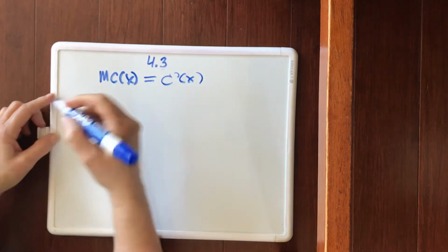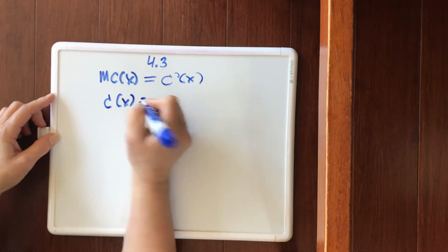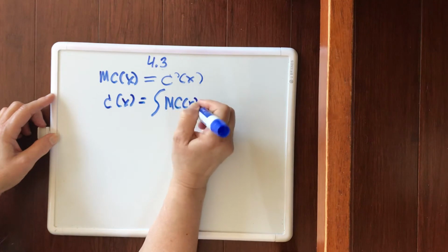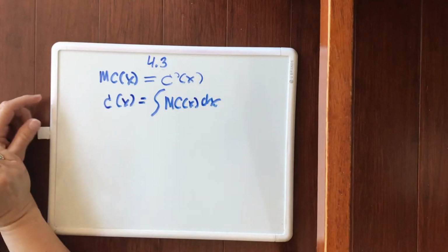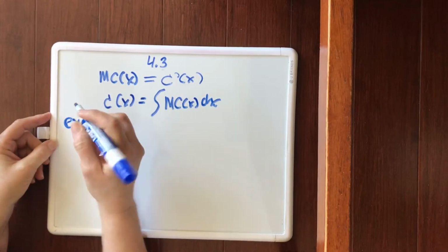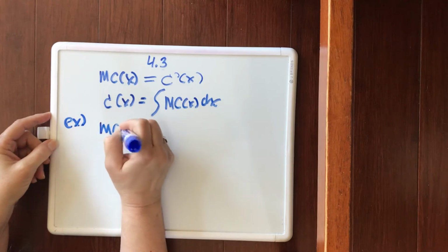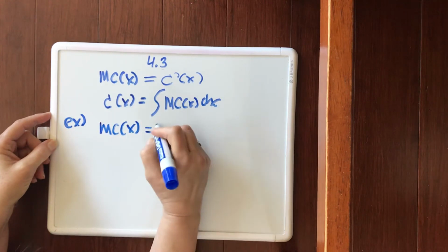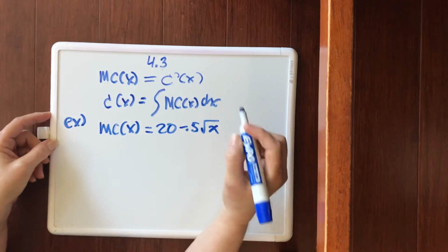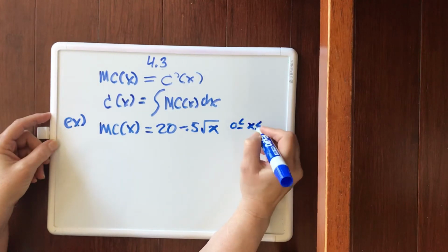So, if we want to find a cost function, we know we can integrate the marginal costs. Okay? All right, so here's an example. If we have a marginal cost function, which is 20 minus 0.5 square root of x, where x is going to be between 0 and 100.